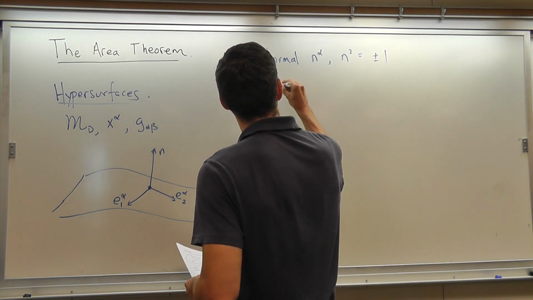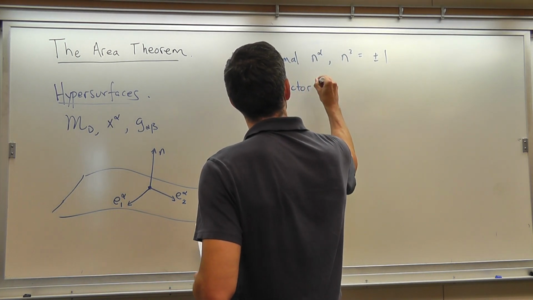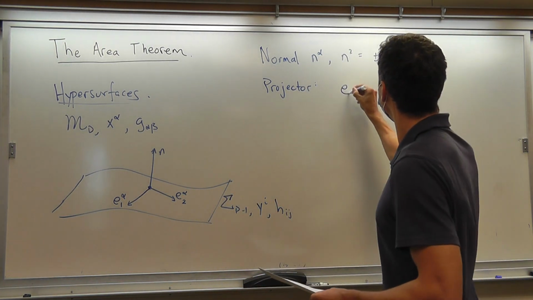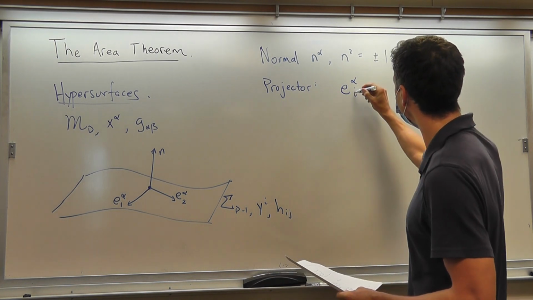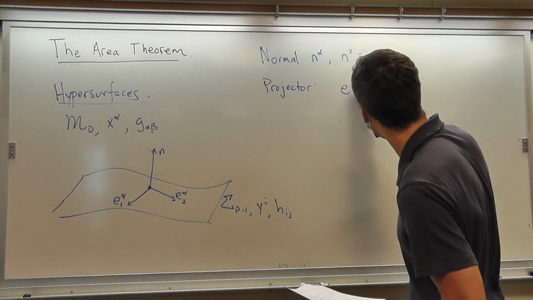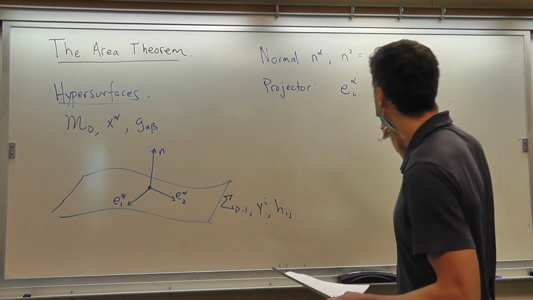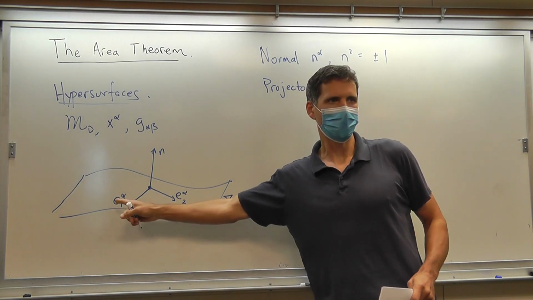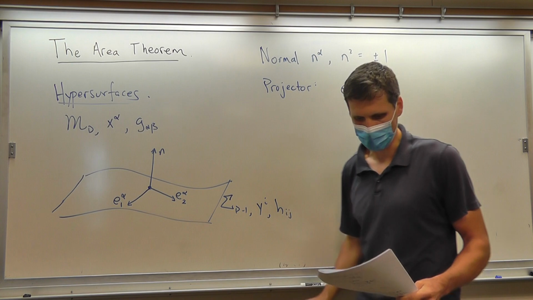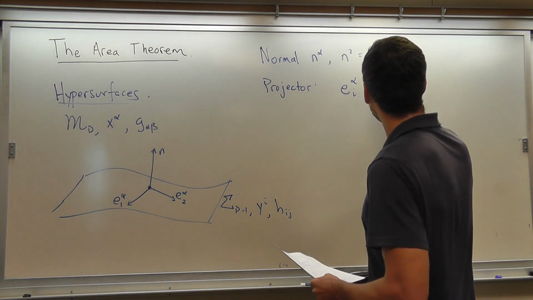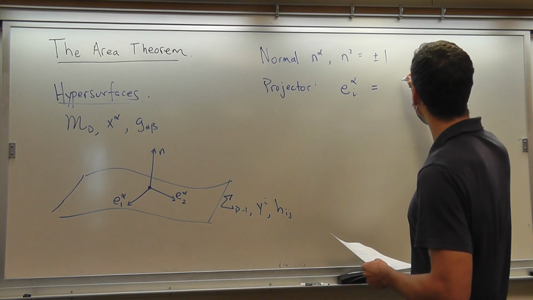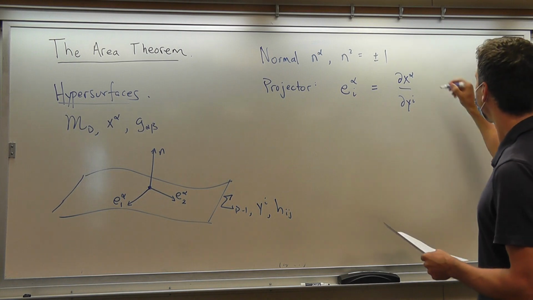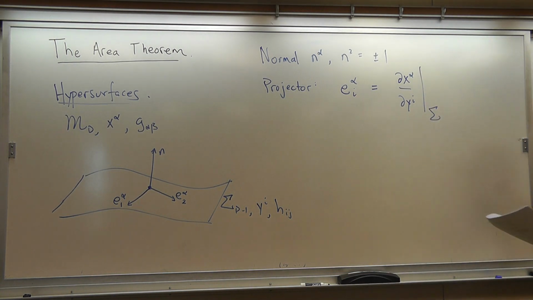And we can view these tangent vectors as defining for us a projector e^α_i. So the lower index, the 1, 2, that's one of the i, j indices that live in the submanifold. And e^α_i is ∂x^α/∂y^i on the submanifold.